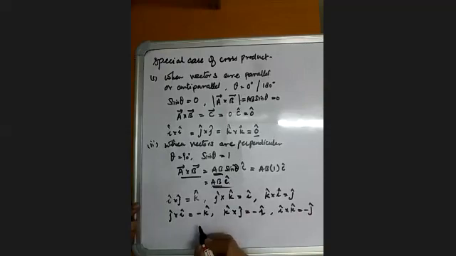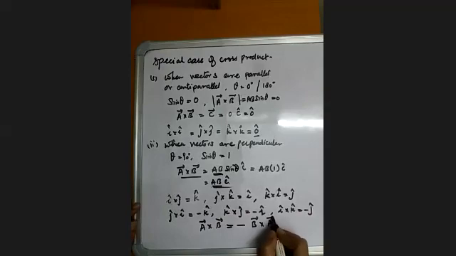So now, because we know that A vector cross B vector is equal to minus B vector cross A vector. So if you remember, the result is C vector and this result is C dash vector, but in the opposite direction. So therefore, A vector cross B vector is equal to minus B vector cross A vector, and that is one property of the cross product of two vectors.